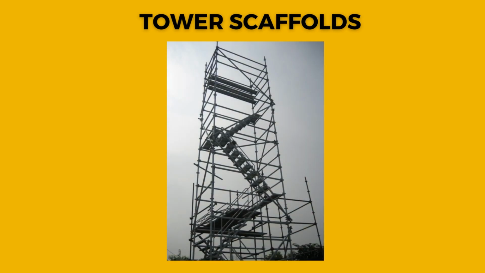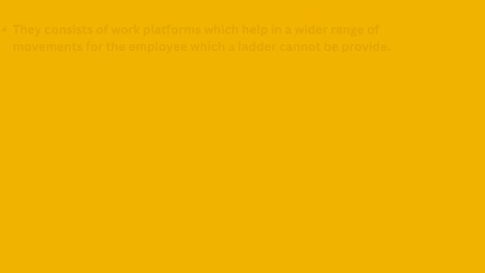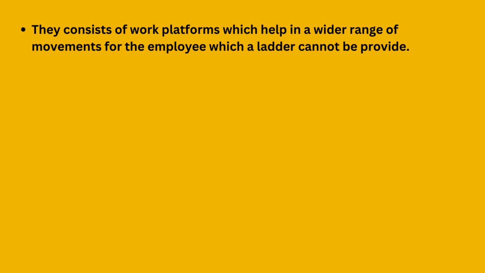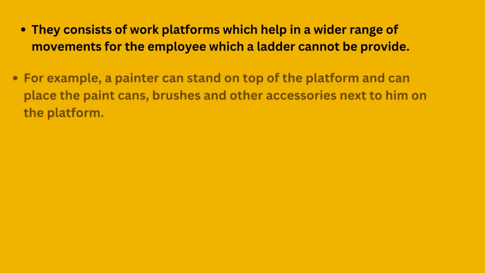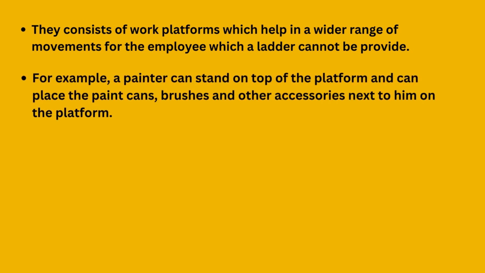Here you see the tower scaffold. They consist of work platforms which help in a wider range of movement for the employee which a ladder cannot provide. For example, a painter can stand on the top of the platform and can place the paint cans, brushes and other accessories next to him on the platform.